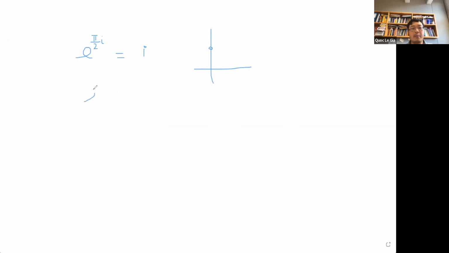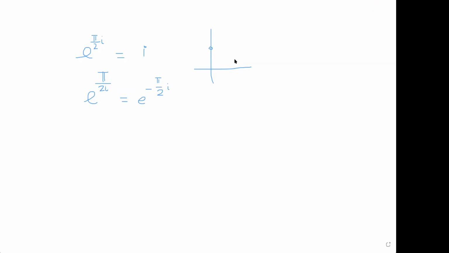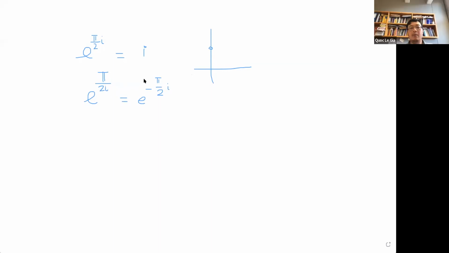But when you write e to the pi over 2i, then the 2i comes downstairs here. And this one is actually e to the minus pi over 2i, because 1 over i is just equal to minus i.